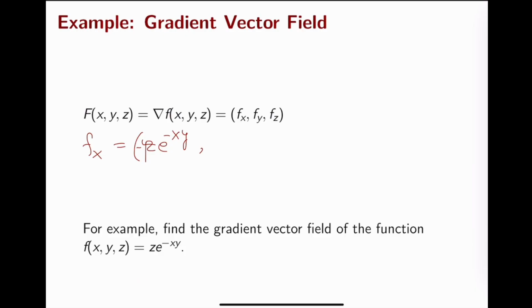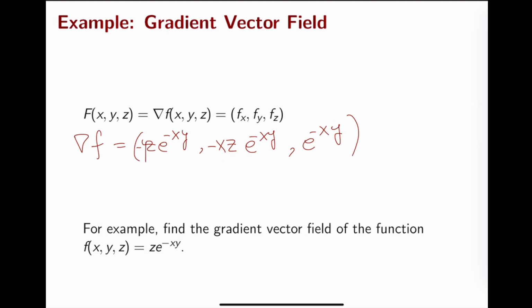Here, this is a constant. The z goes out of the derivative, and we need to do the derivative now of this part. E to something, the derivative is itself times, by chain rule, the derivative of this now with respect to y. The derivative will be minus x. And finally, the derivative of this with respect to z. Now, it is a constant times z. So the derivative is just this constant.